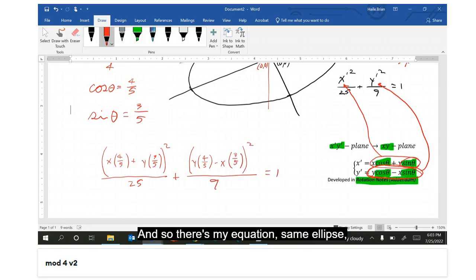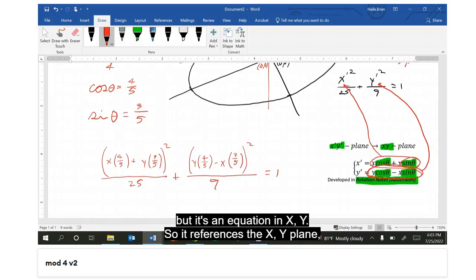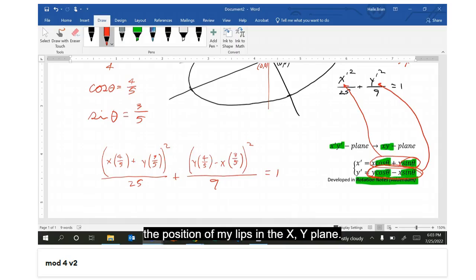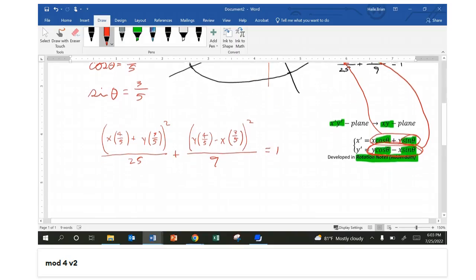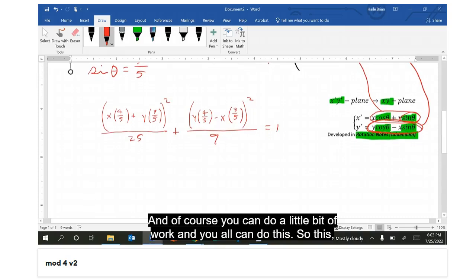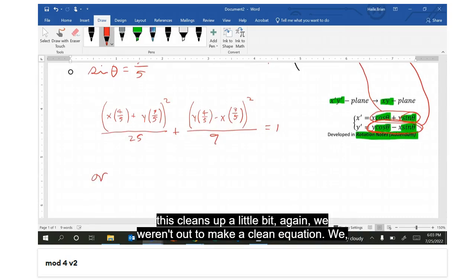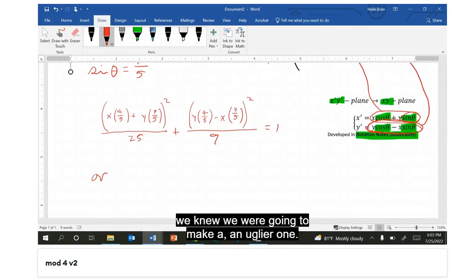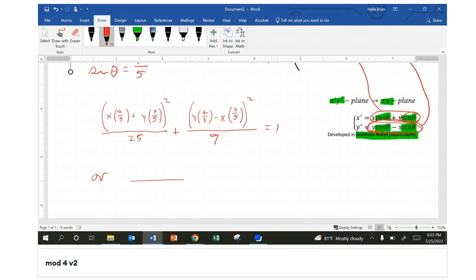And so there's my equation. Same ellipse, but it's an equation in xy, so it references the position of my ellipse in the xy plane. And of course, you can do a little bit of work, and you all can do this. This cleans up a little bit. Again, we weren't out to make a clean equation. We knew we were going to make an uglier one.